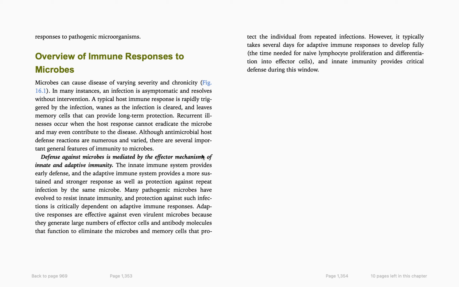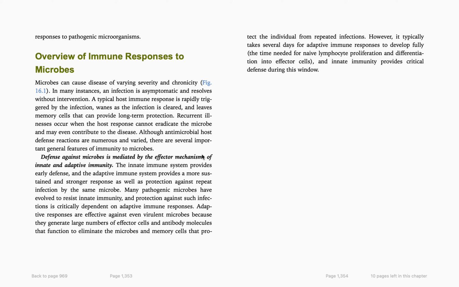Recurrent illness occurs when the host response cannot eradicate the microbes and may even contribute to the disease. Although antimicrobial host defense reactions are numerous and varied, there are several important general features of immunity to microbes.